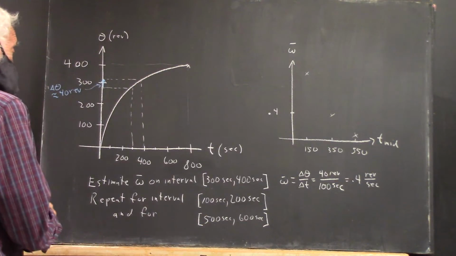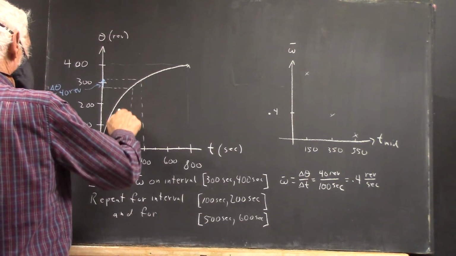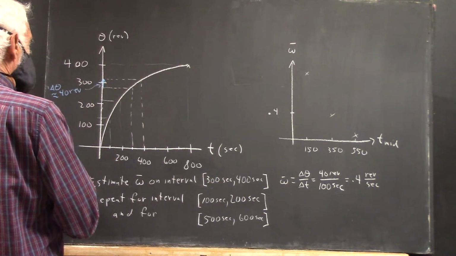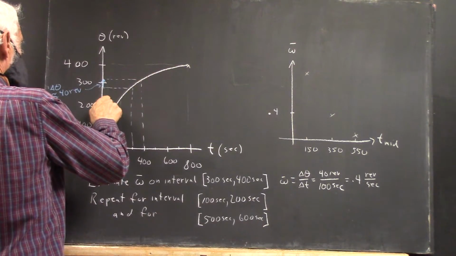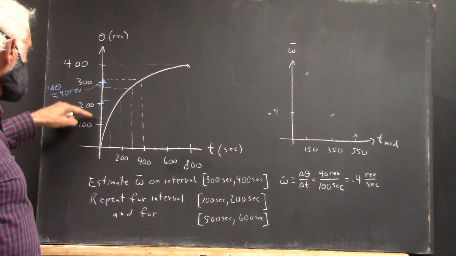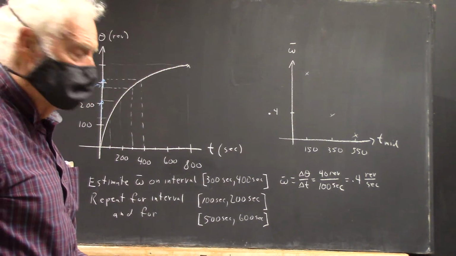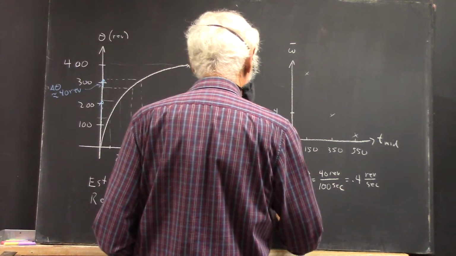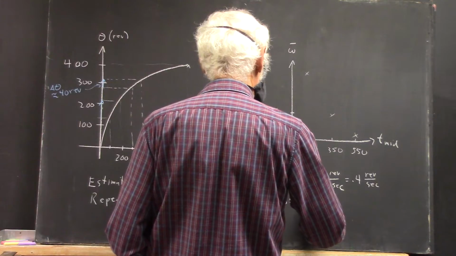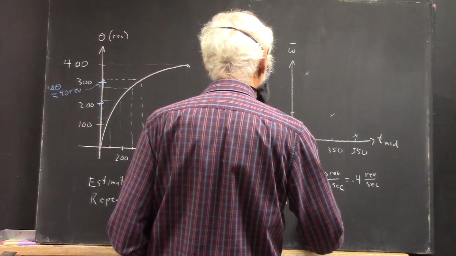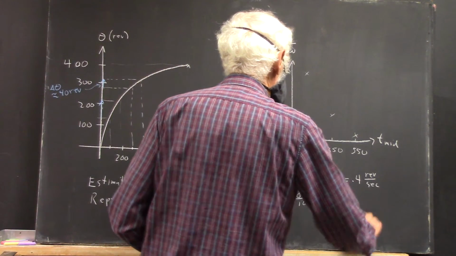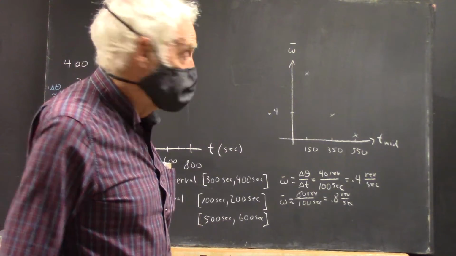Then I can do the same thing from 100 to 200. So I've got another delta theta here in 100 seconds. It looks like we're going from about 130 to 210, it's about 80. So on this one, we get 0.8 revolutions per second.